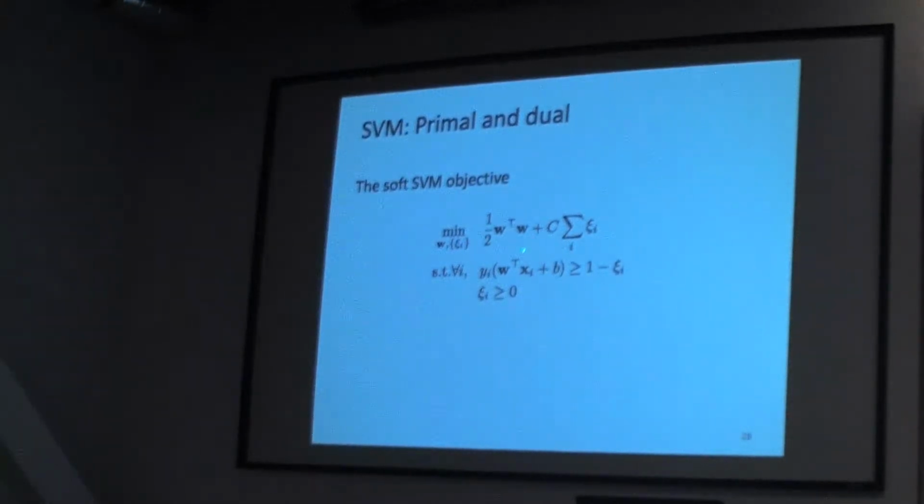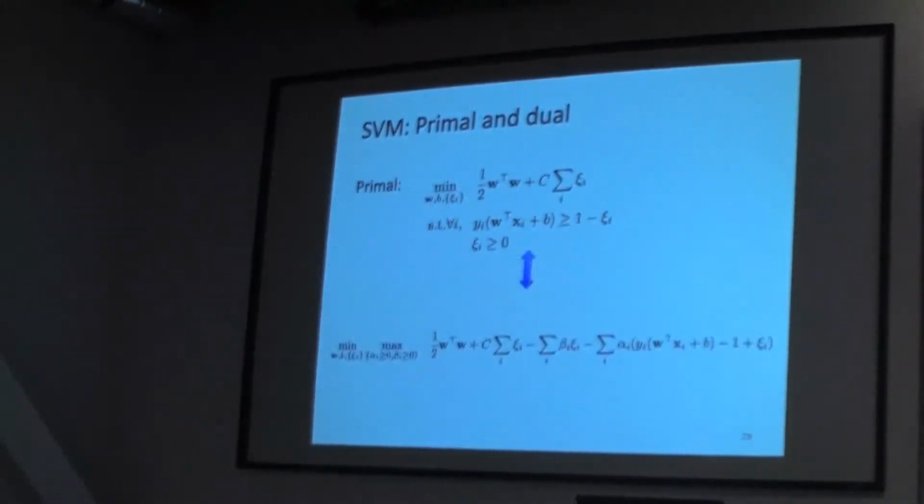And C here is a hyperparameter which controls the trade-off between the two. And to allow some examples to break into the margin, we introduce for each training example two constraints. The first constraint is that you're going to have a non-negative slack variable. The second constraint is that your function margin is no less than 1 minus this slack variable ξi.